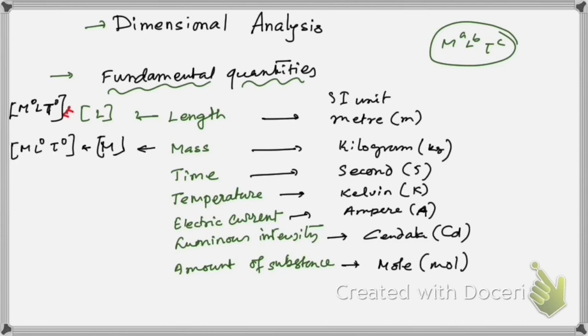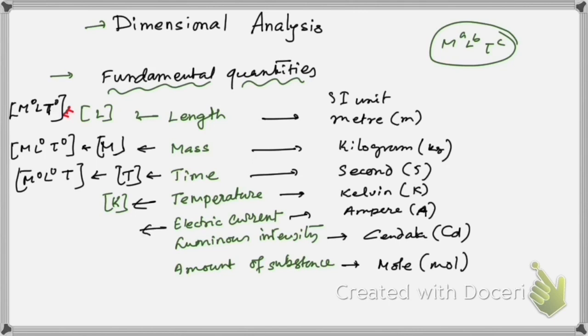Okay, so for time, that is T, and we used to write the dimensional formula within square bracket, and it can be written as M to the power 0, L to the power 0, T to the power 1, that means simply T. Similarly, temperature, so in both cases, time and temperature, first letter is T, that's why here we're going to use capital K instead of T, right?